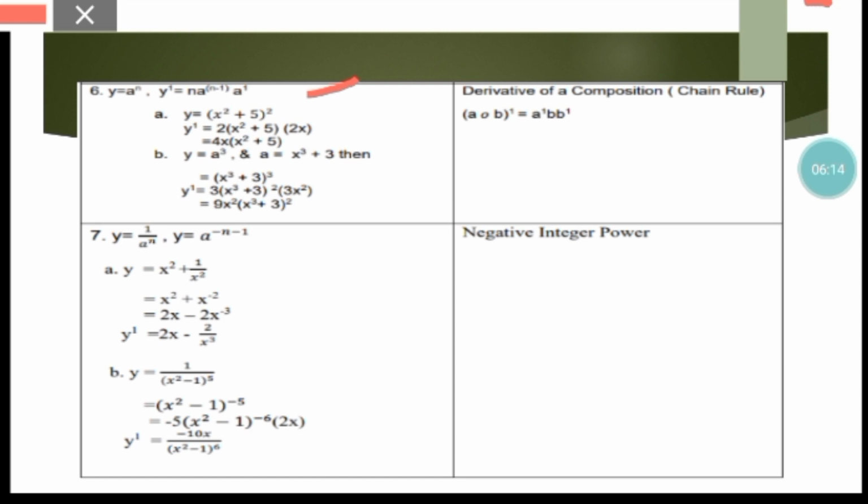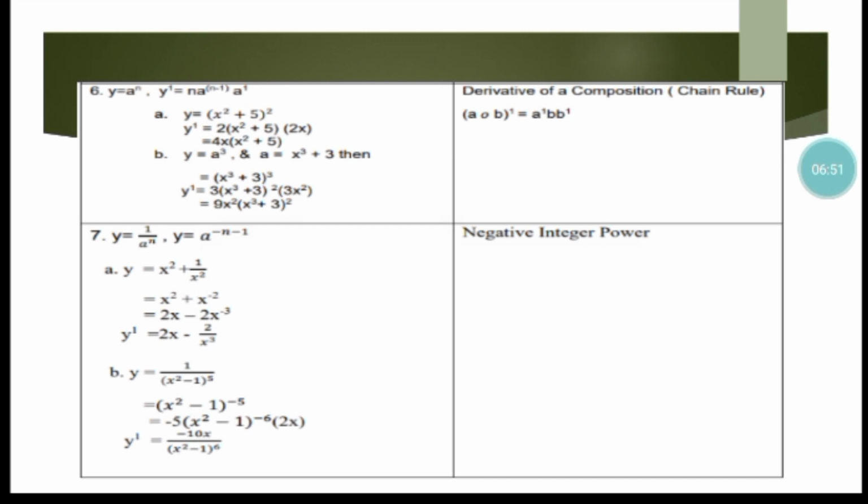So negative 5 times the constant, negative 5 times x squared minus 1, then negative 5 minus 1, so you have negative 6. Then find the derivative, which is 2x. 2x times negative 5 gives negative 10x. We have a negative exponent, so we put it back in the denominator. The final answer is negative 10x over x squared minus 1 raised to 6.